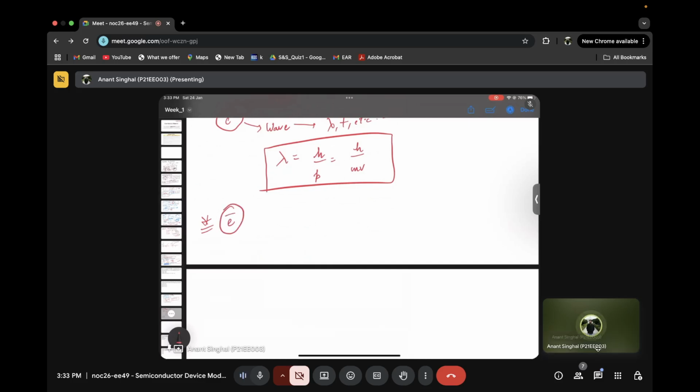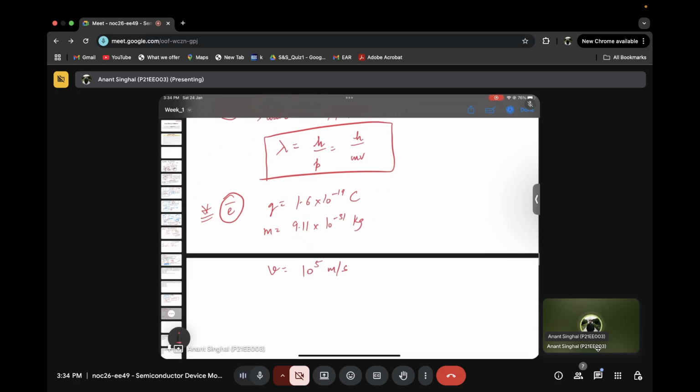Let's say we have an electron. We know that the charge of an electron is 1.6 times 10 to the power minus 19 coulomb, and the mass of the electron, or the effective mass, is about 10 to the power minus 31 kg. Any electron can move easily at a speed of maybe 10 to the power 5 meters per second, which is much less than the speed of light, about 3 orders less.